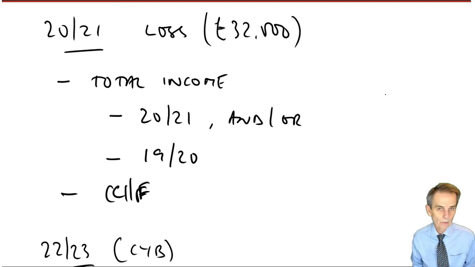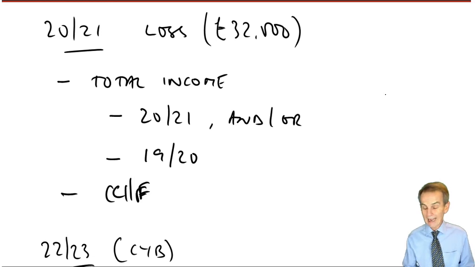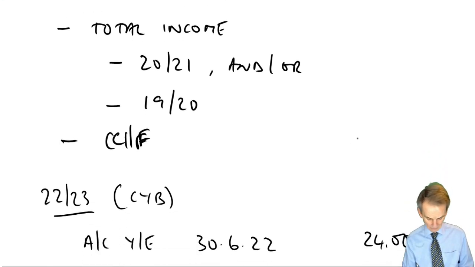What we could also consider doing is just carry forward all of that loss, or any part that remains after any of the other claims in the current and or preceding tax year have been made, and that would be a carry forward against future trading profits of the same trade.